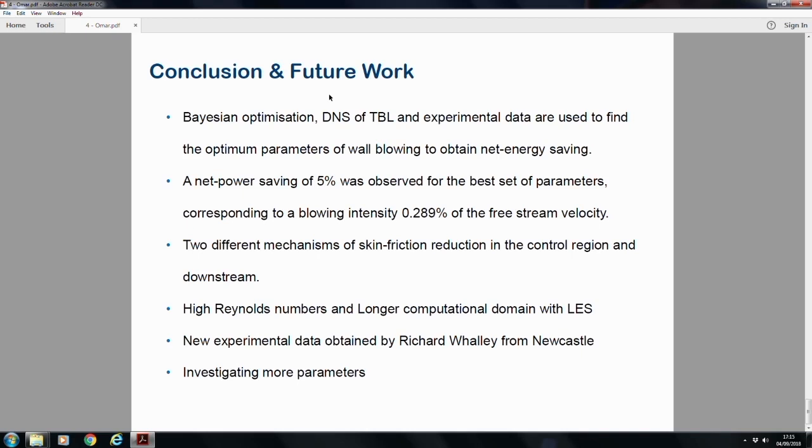So in the future, we're going to use LES to test high Reynolds number. Also, the blowing system could be inefficient. Therefore, we're getting new experimental data from Richard Willey from Newcastle. His blowing system could be more efficient than the one that we used in this study. Also, we would like to investigate more parameters of wall blowing. And thanks for listening.